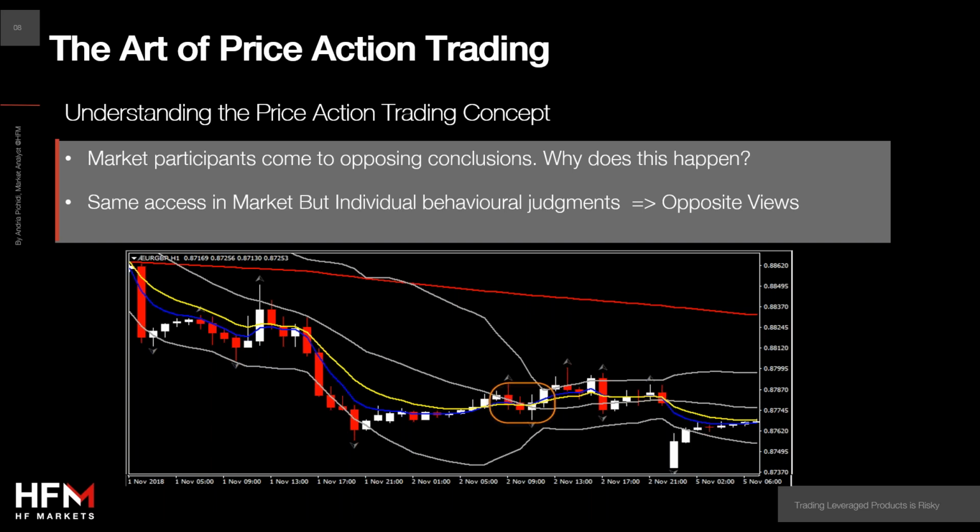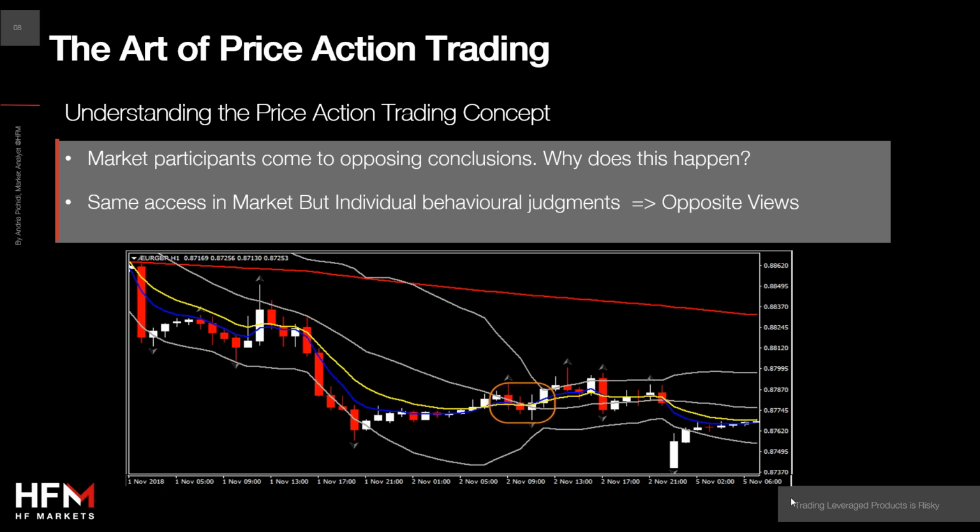Why does this happen? Simply because each of us, guys, each trader out there has a different behavioral judgment that leads to trading with opposite views.